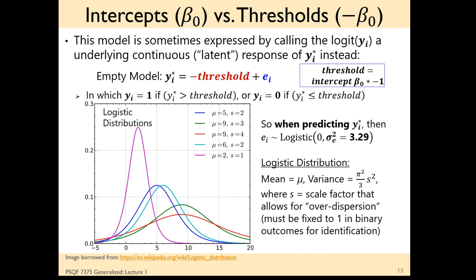Like if your propensity to be correct is your latent underlying variable and you only have yes or no, at some point on this imaginary y star, which is an imaginary construct because you don't have it, you switch from a 0 to a 1. And the threshold is that point. But the threshold is not an imaginary construct. It's just the logit of the probability of a 0.